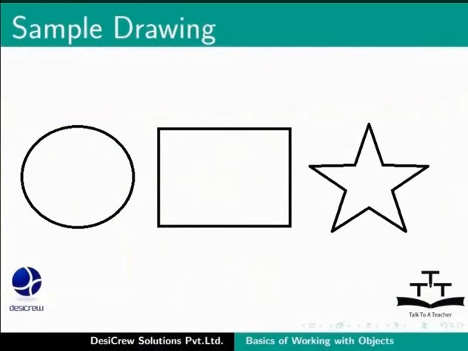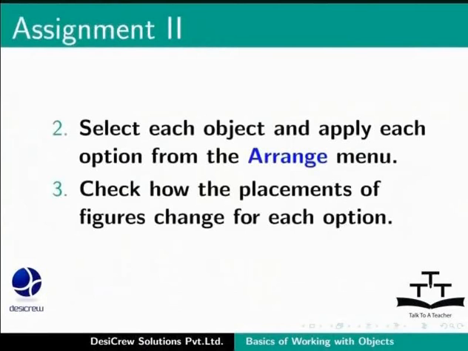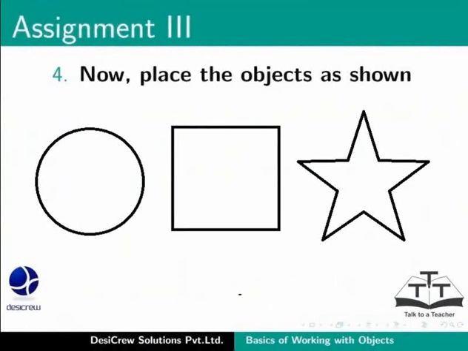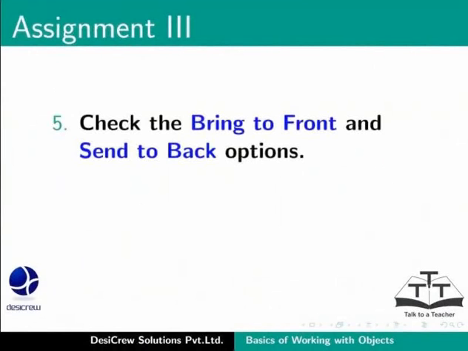Draw a circle, a square and a star and place them as shown below. Select each object and apply each option from the Arrange menu. Check how the placements of figures change for each option. Now place the objects as shown on this slide and check the Bring to Front and Send to Back options.